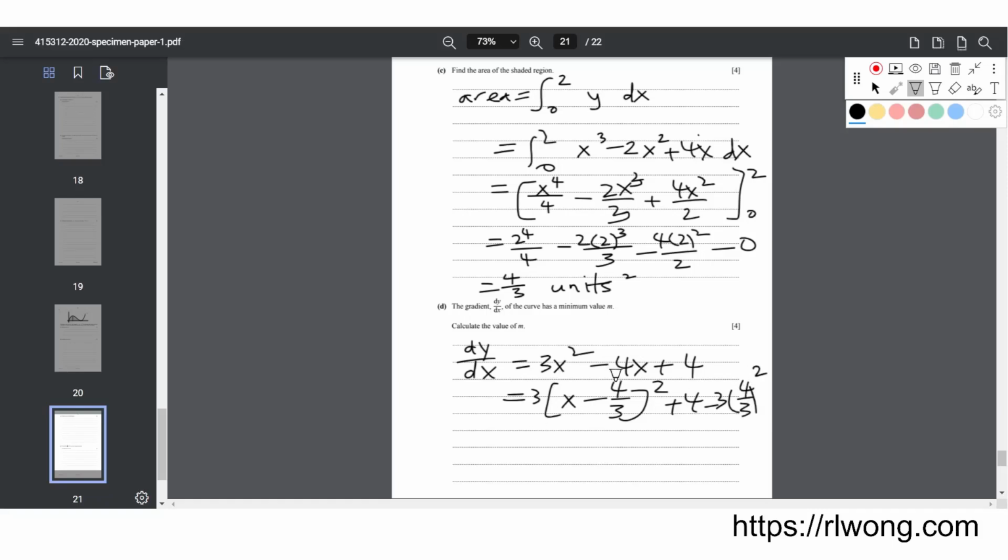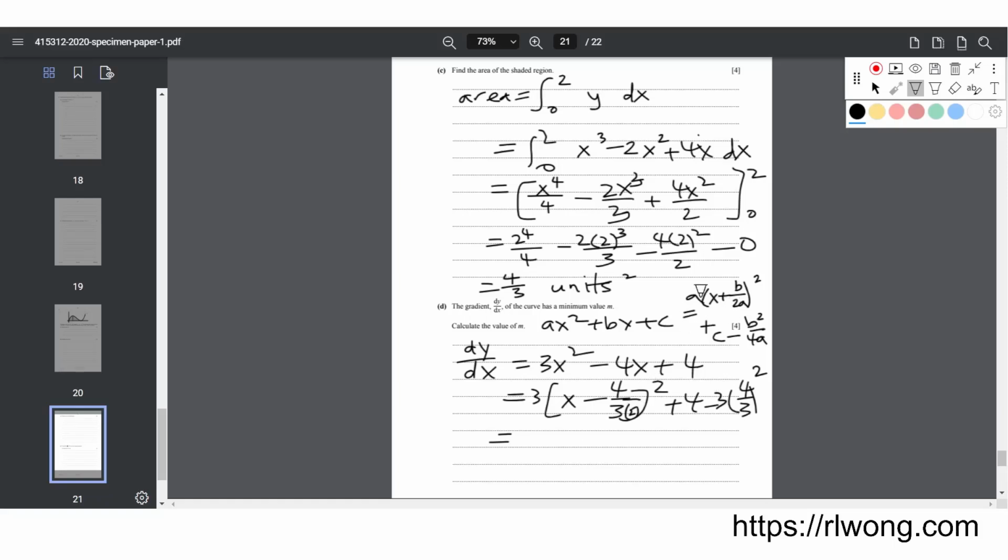If you have ax squared plus bx plus c, to complete the square you bring out the a, then here will be b over 2a, squared. Then this portion here will be c minus b squared over 4a.